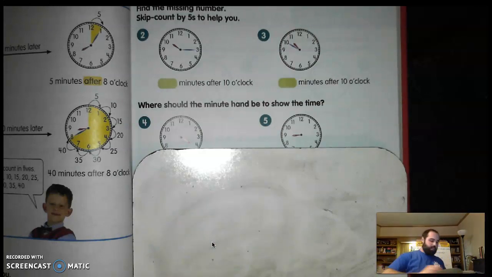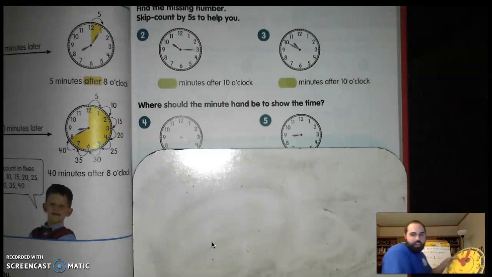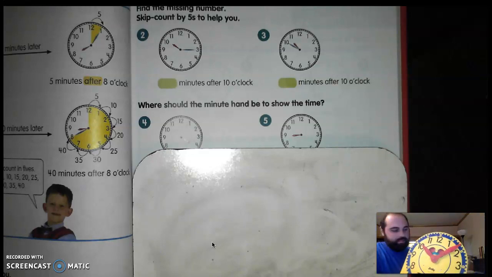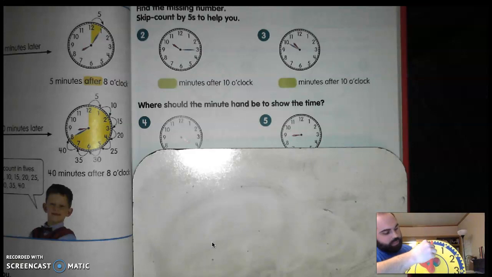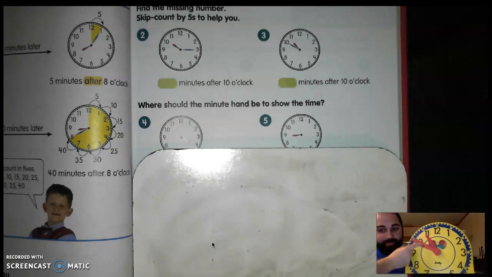And I can actually do that on my clock so you can see it. So if it was 10 o'clock, we'd be right here. But our clock on there is showing this time. Right here.